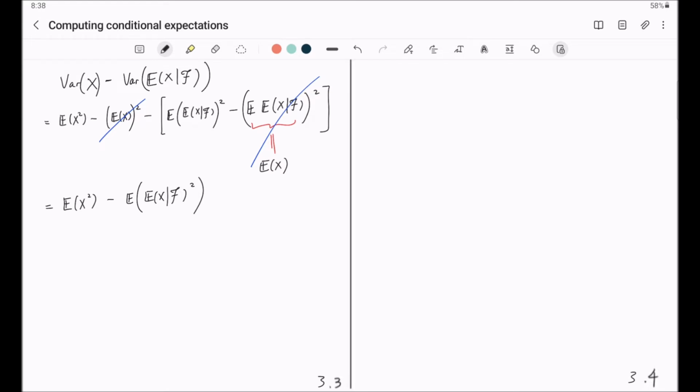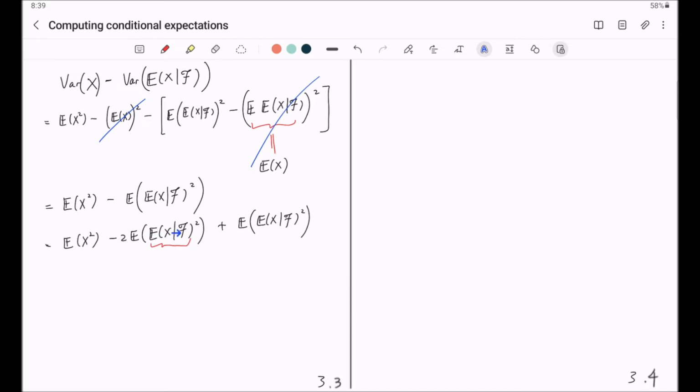Now we are going to play a small trick in here. We subtract and add the second term. And we look at the term in the middle. We observe that the conditional expectation of X given F is F measurable.